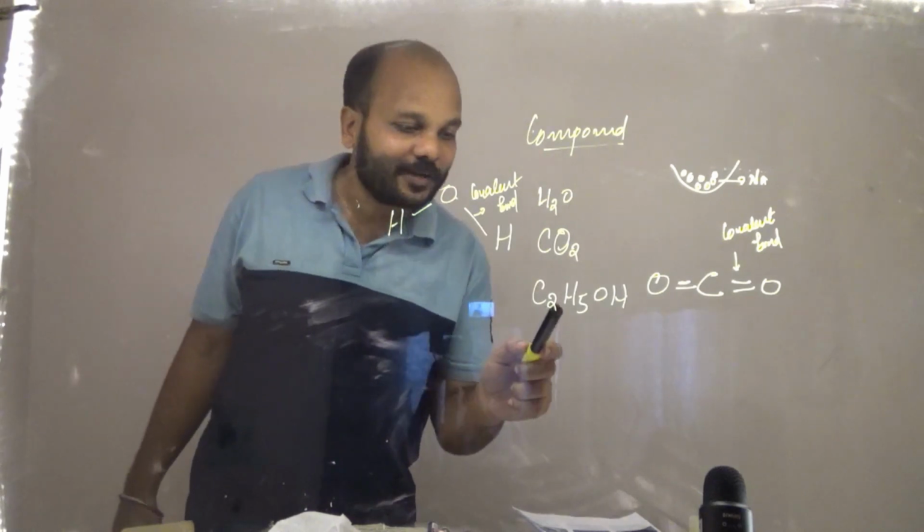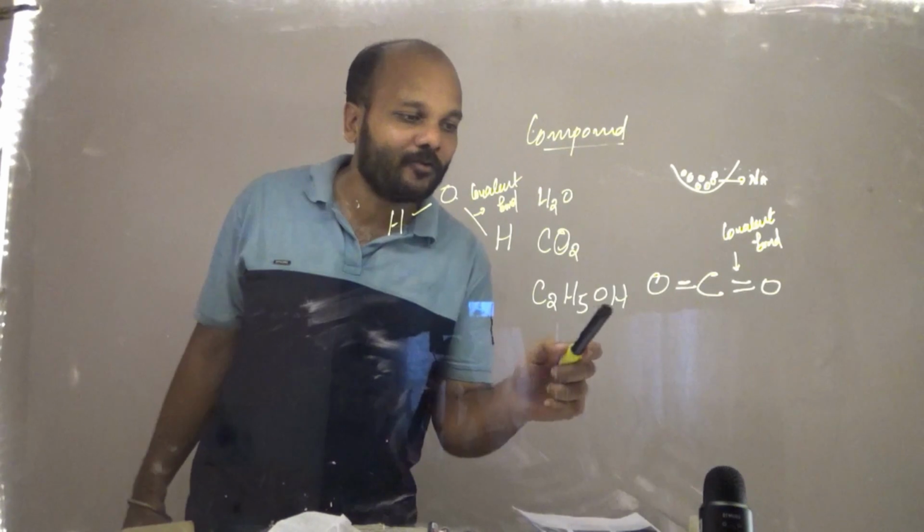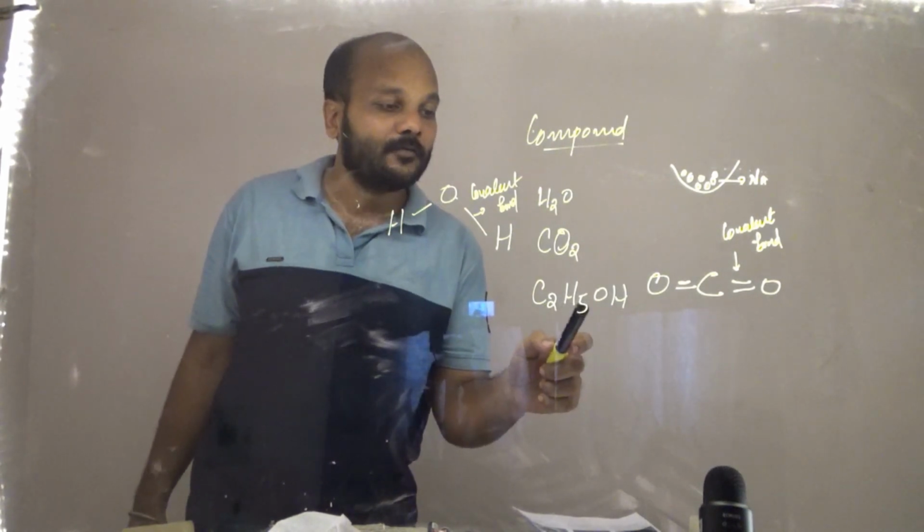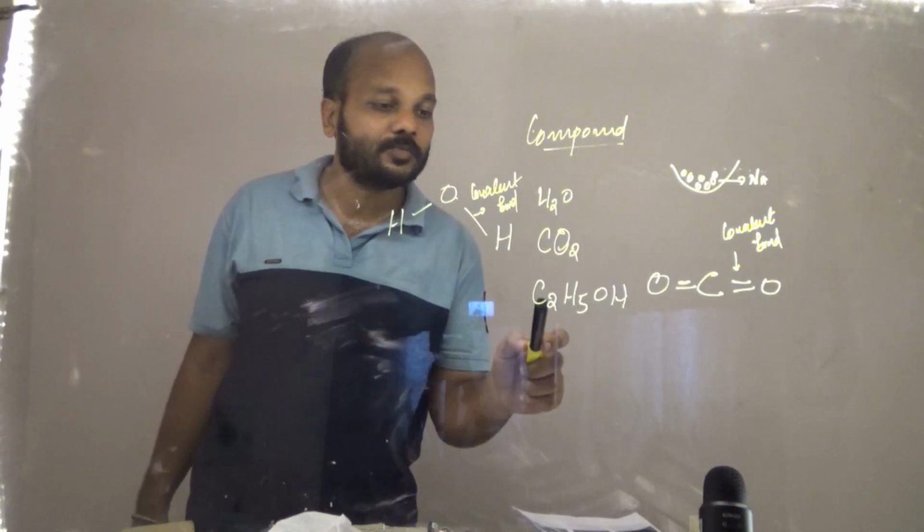Again, you can see here in ethanol, C2H5OH, two carbon atoms are there, and 5 hydrogen atoms bonded to carbon.